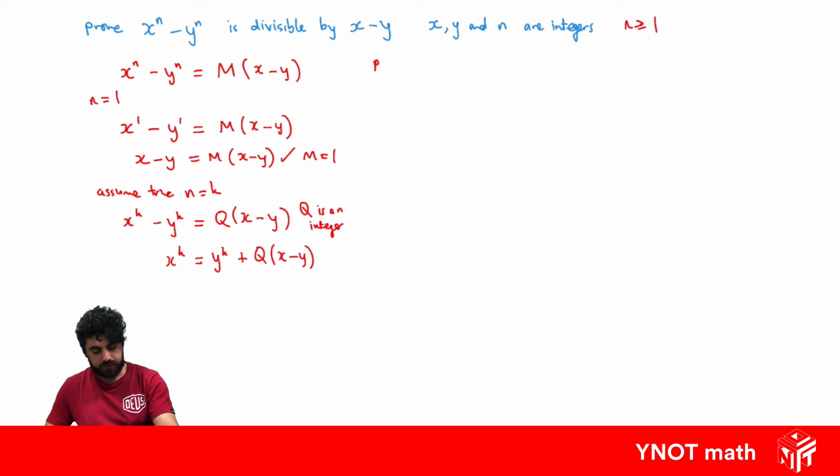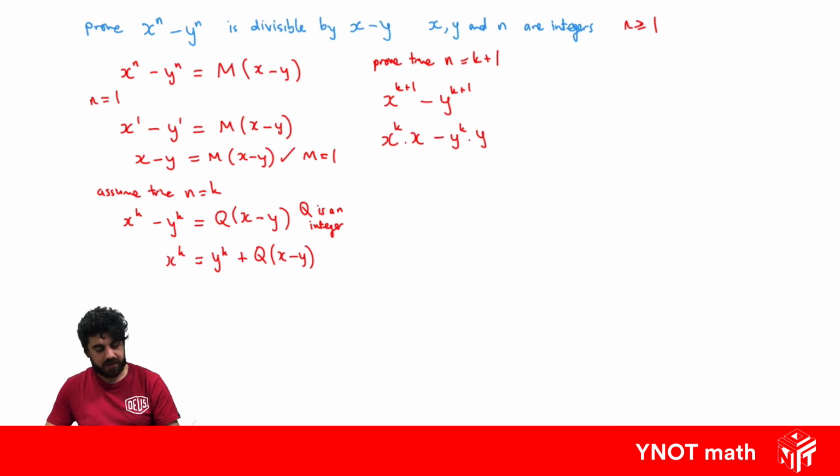Now we want to prove true for n equals k plus 1. So this means we're going to get x to the k plus 1 minus y to the k plus 1. And we're just going to deal with this statement here for a second. So we can break this up into x to the k times x minus y to the k times y.